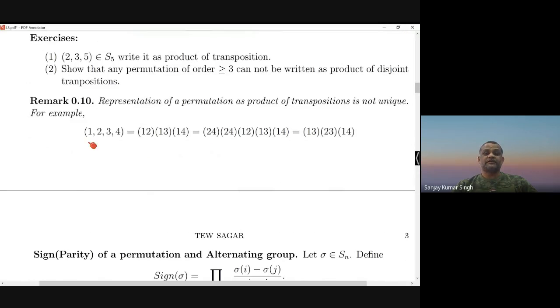Why? Because in this example, if I have a cycle, I can represent it like this as a product of transpositions, I can also write it like this, and I can also write it like this. So it is not unique; even the order and rearrangement change, and the terms are also different.